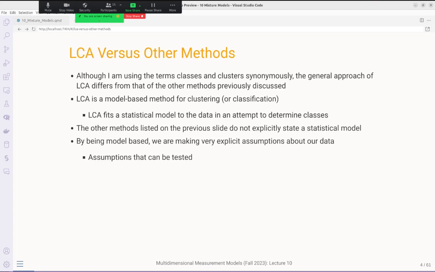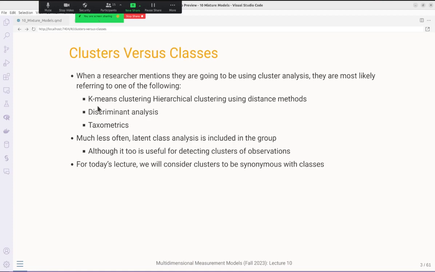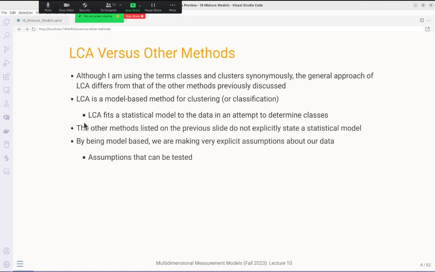The other methods on the previous slide, like k-means clustering or discriminant analysis, it's much less defined what the statistical model happens to be, although actually in both of those it's there, it's just not talked about a lot. So by being model-based, what we're doing is making very explicit assumptions about the data that we have. But those are assumptions that can be tested, so I think that's a good thing.